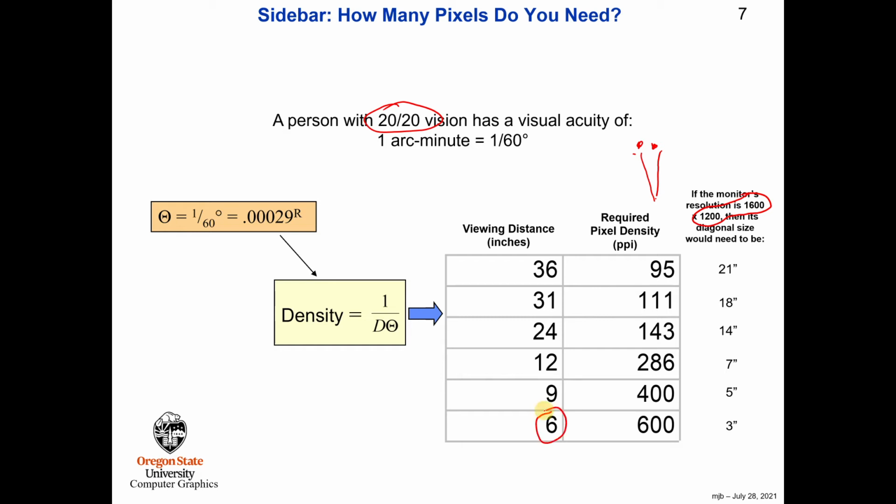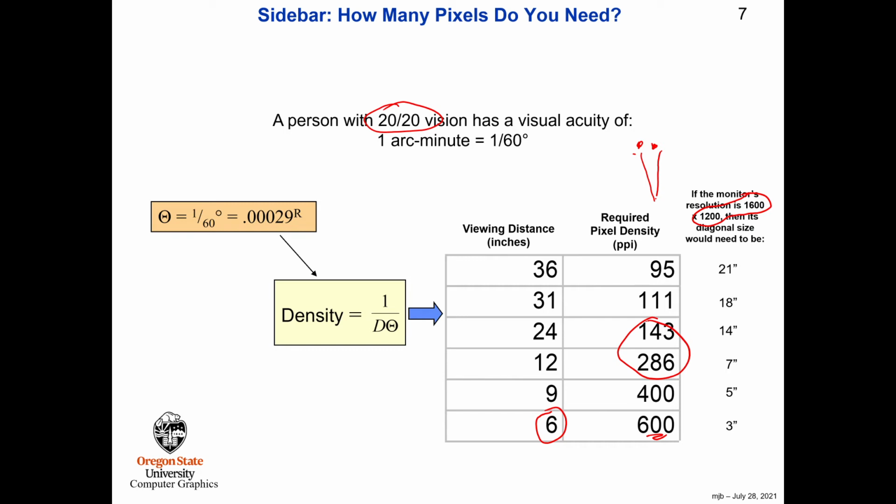Hopefully none of you look at the screen from 6 inches away, but if you did, you would need a pixel density of 600 dots per inch, which is really a lot. Now, if you're looking at it from, say, a foot away or 2 feet away, this is what you would need. Okay, and one way to get that, of course, is to make the screen smaller.